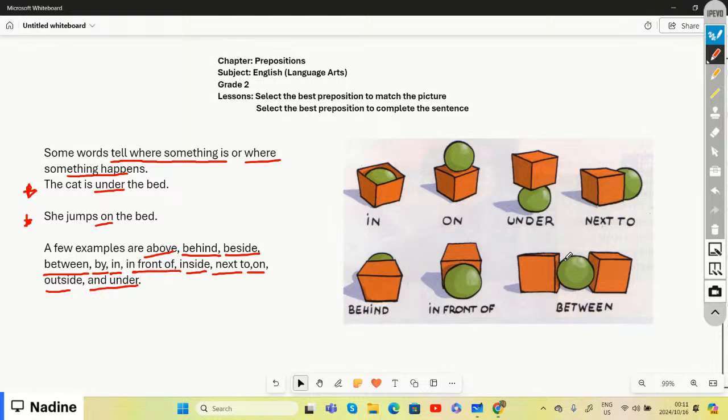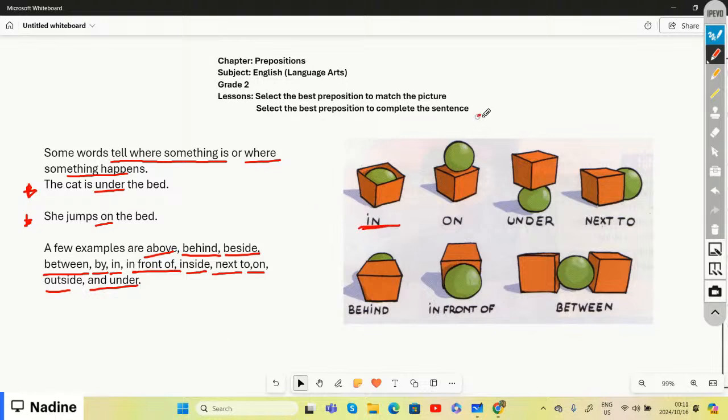So we can say the green ball is in the box. The green ball, the first one, is in the box.